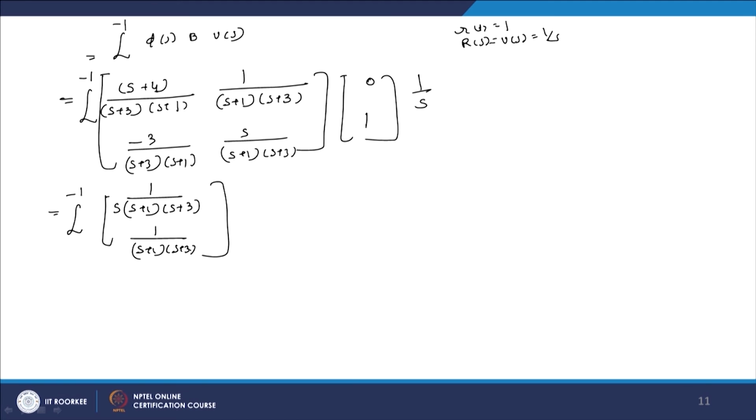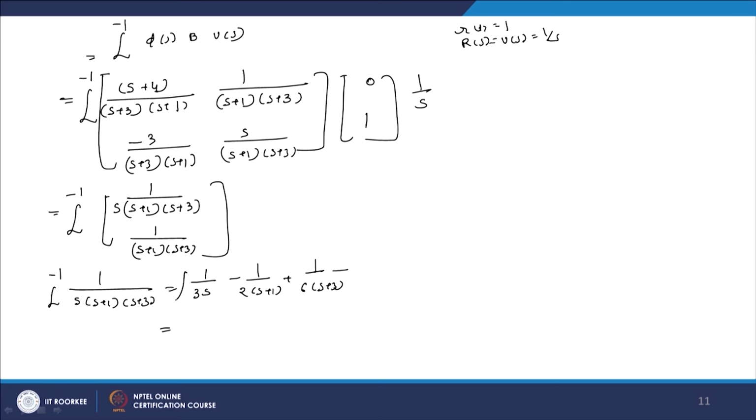Now, we have written the Laplace inverse. Now, again we want the time domain equations. So, if you take the Laplace inverse of 1 by s(s plus 1)(s plus 3), this can be written as 1 by 3s minus 1 by 2(s plus 1) plus 1 by 6(s plus 3), and then we apply the Laplace inverse for this.